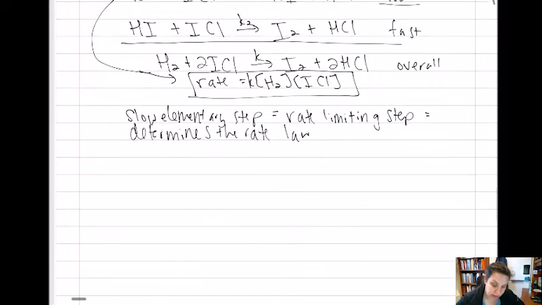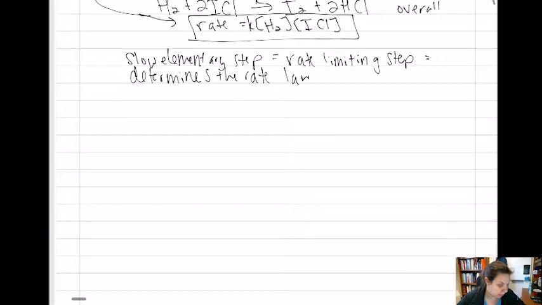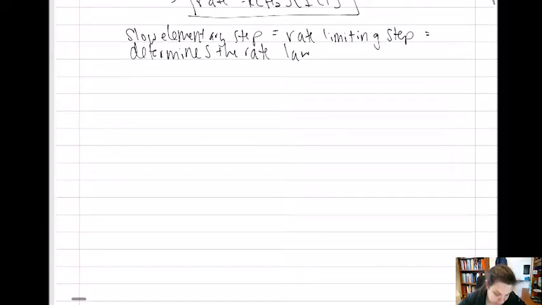Now, in this case, we have our slow step being our first step. What happens if we have a slow step in the middle? Something like this. So we have 2NO gas. This might look familiar. Going in that direction is k1. Going in this direction is k2.